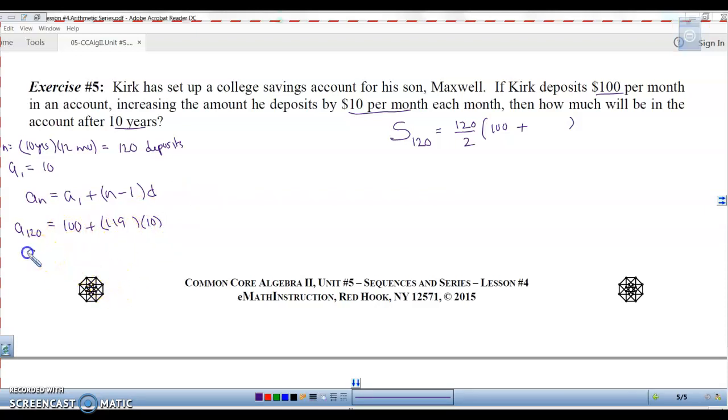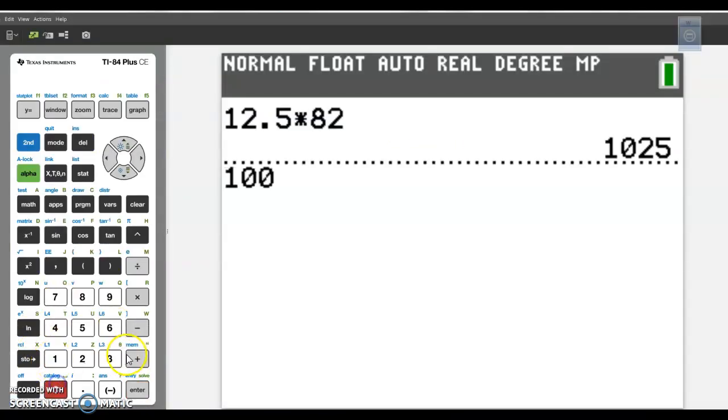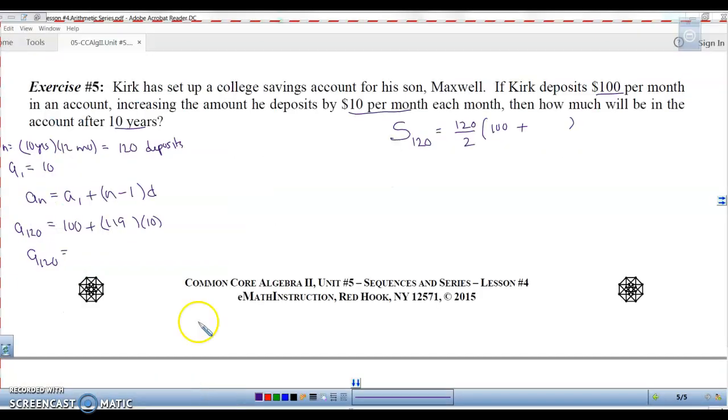So my 120th term of the sequence will be 100 plus 119 times 10, which is $1,290. That means in the last month, he's going to deposit $1,290.